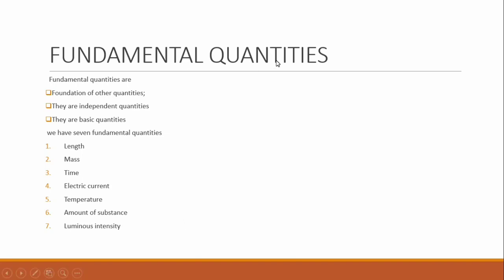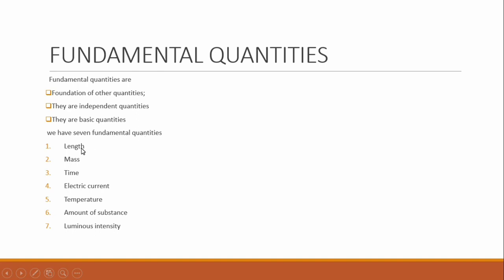Fundamental quantities. Fundamental quantities are the foundation of other quantities, and they are independent quantities, meaning that they can stand on their own, and they are basic quantities. These fundamental quantities are 7 in number.